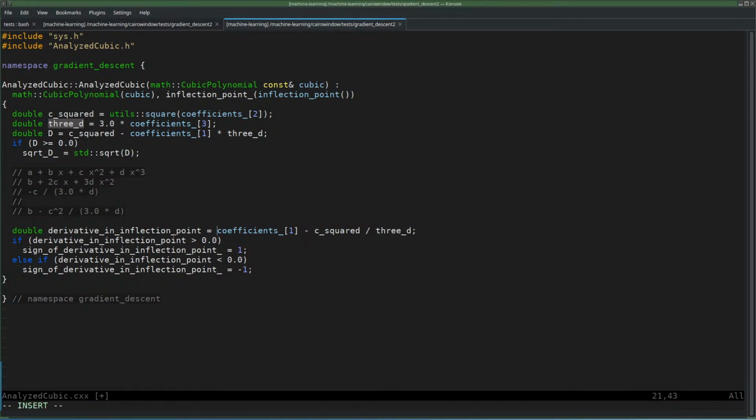This happens to be minus c squared divided by 3d plus that, which is minus this minus that, which is divided by 3d here. Then this one drops out, and you have to multiply with 3d here.